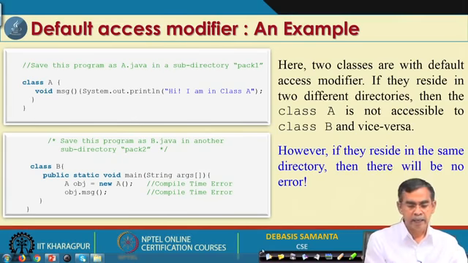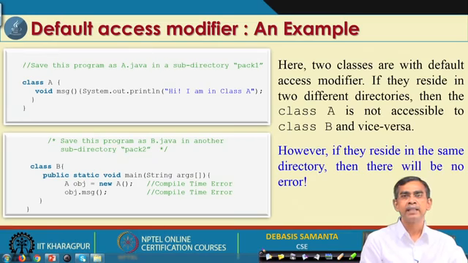Now, in this case there is no access specifier mentioned, so it means that class A is declared as default. Similarly, the method MSG, whose return type is void, does not have any access specification. This means it is default by default. So, the access specification for both class A and method MSG belonging to class A is default.